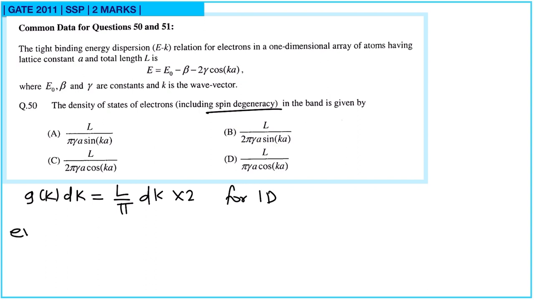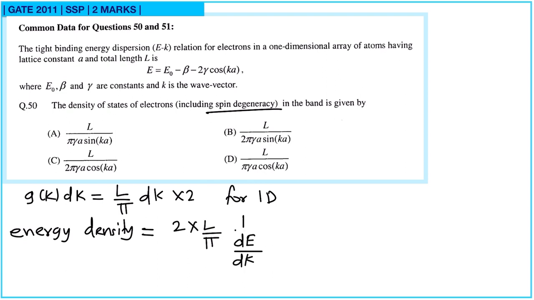And if you want energy density, then we have to divide by dE. So this will be 2 into L by pi, and here I can write dE by dk. So this will be the energy density.